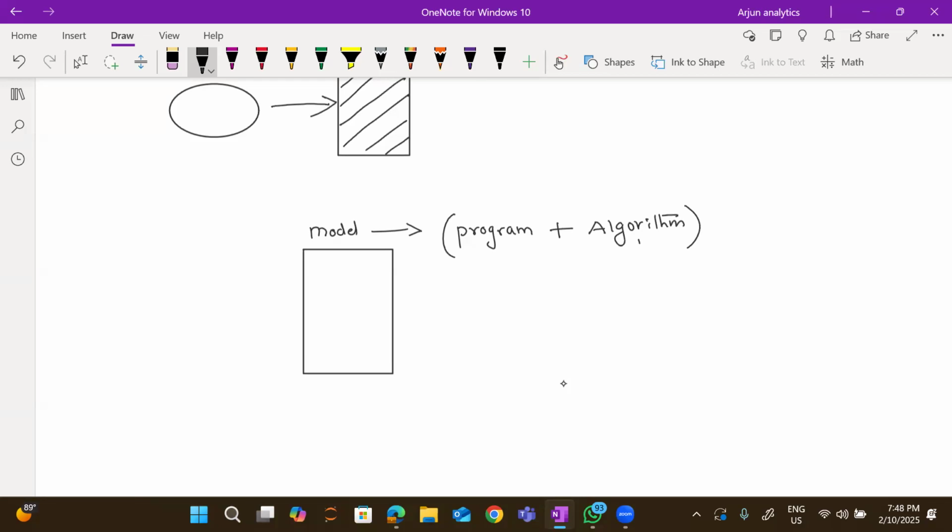When it comes to the artificial algorithm, what is this algorithm? See, we have maths. You must have heard about the maths.